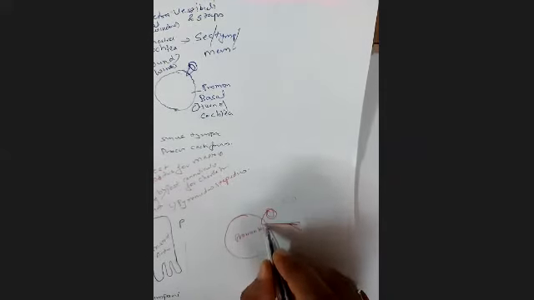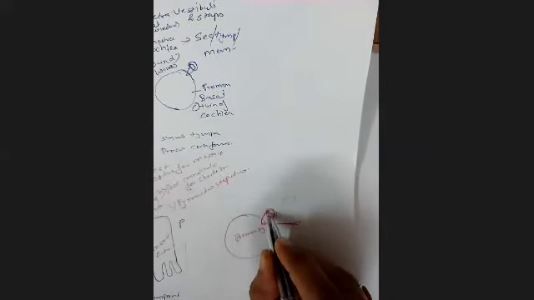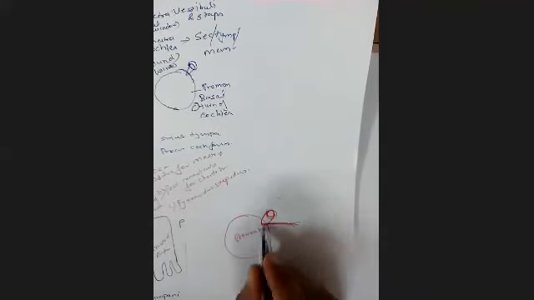Now stapes is like this, covering the oval window.